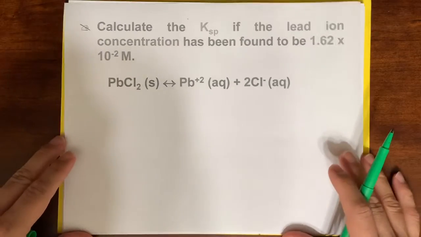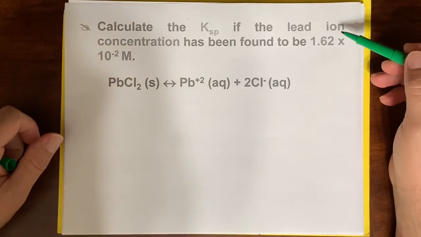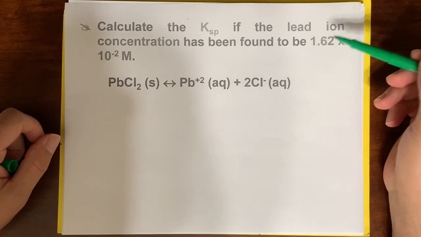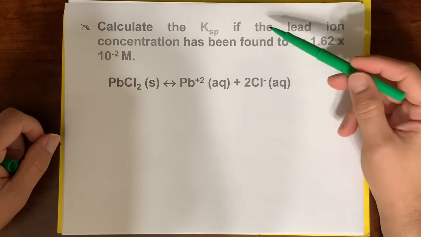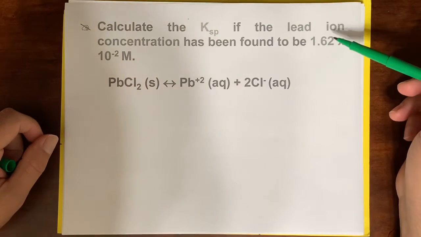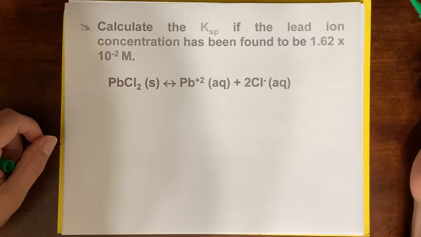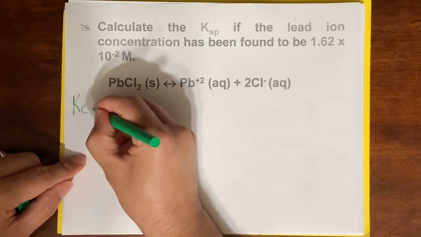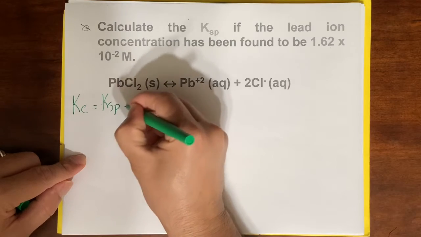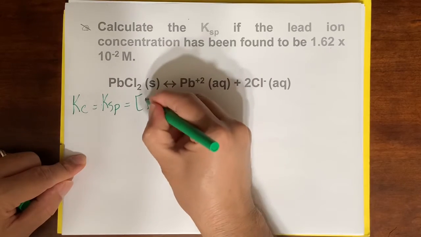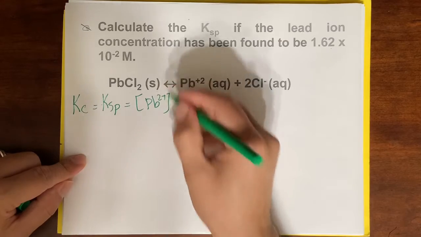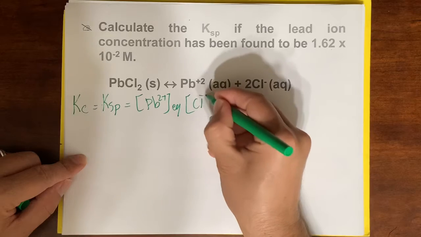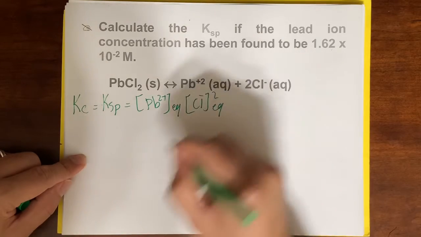It says calculate the KSP if the concentration of lead is equal to this number. So let's write the K first. Kc, which is equal to KSP, is going to be equal to the concentration of lead with 2 plus charge multiplied by the concentration of chloride, and we have 2 of them.